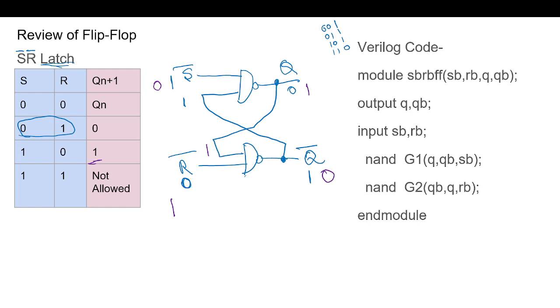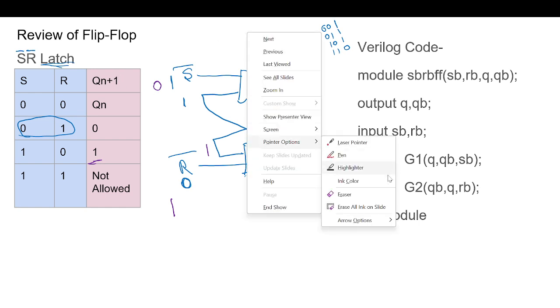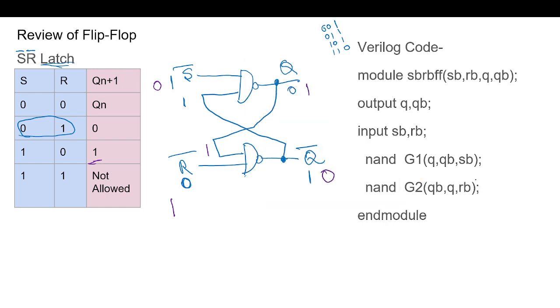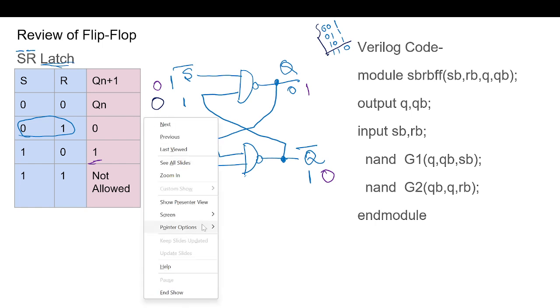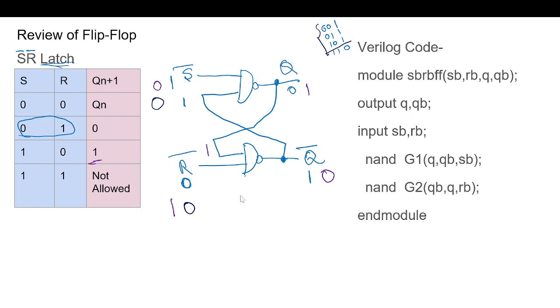And now if I have the 0, 0 state, it will be retaining the previous state. S is 0, R is 0, so S bar is 1, R bar is 1. In the 1, 1 state, if any one input is 1, the output can either be 0 or 1. So it will retain the previous state.